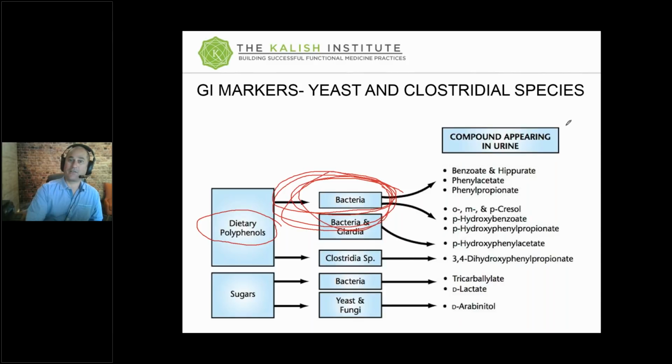And you can see here, when they feed on those dietary polyphenols from your fruits and vegetables, the bacteria then release benzoate and hippurate, phenylacetate and phenylpropionate. You see the phenol in there? Phenol, polyphenols, phenylacetate, polyphenols, phenylpropionate, polyphenols, right?